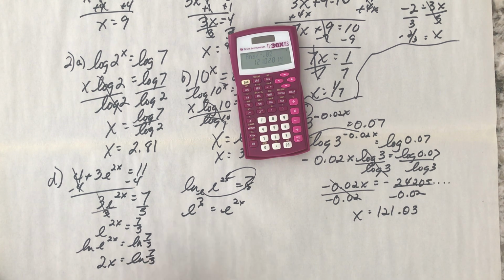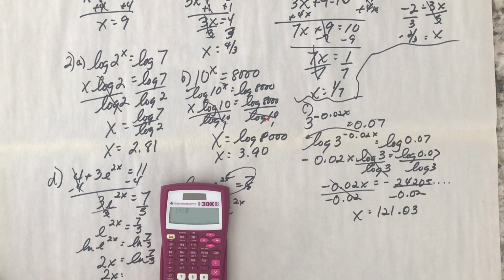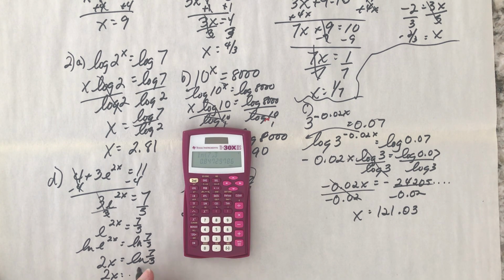Let's go ahead and get a value for that. 2 times x equals natural log of 7 divided by 3 equals, and we're getting 0.847 and some change. Leave that in your calculator. Divide by 2.